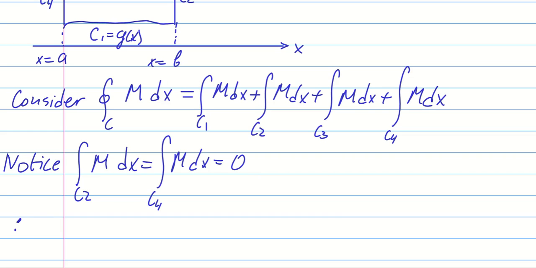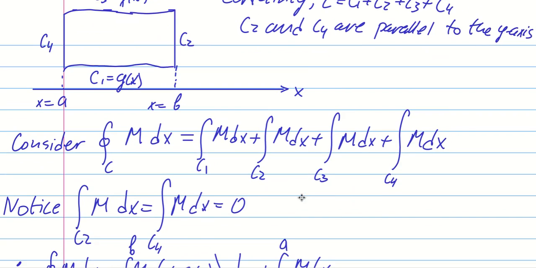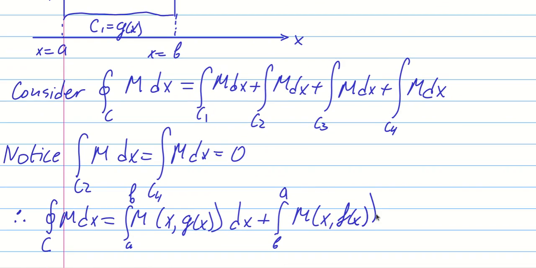So we're going to conclude that the integral over C of m dx is equal to the integral from a to b of m of x, but for y we can put g of x, dx, plus the integral from b to a of m x, and for the top, for y, we can put f of x, dx.